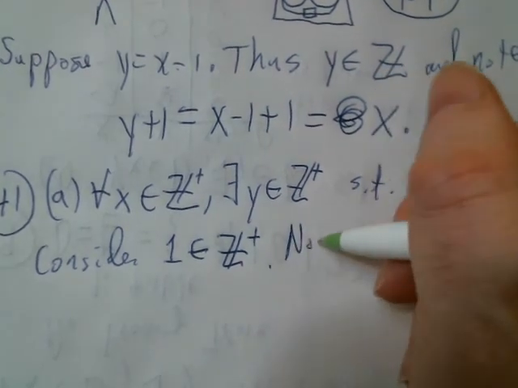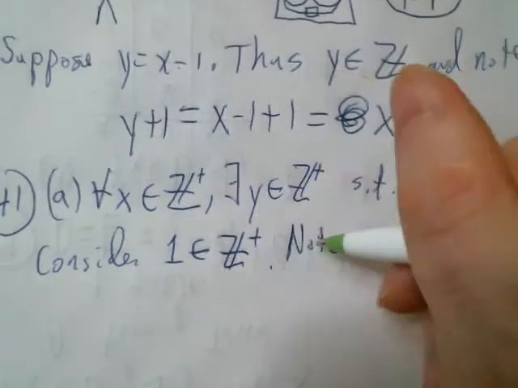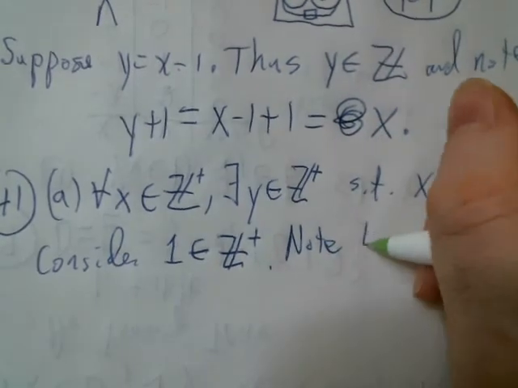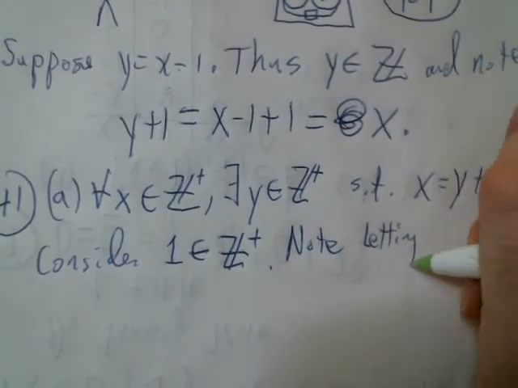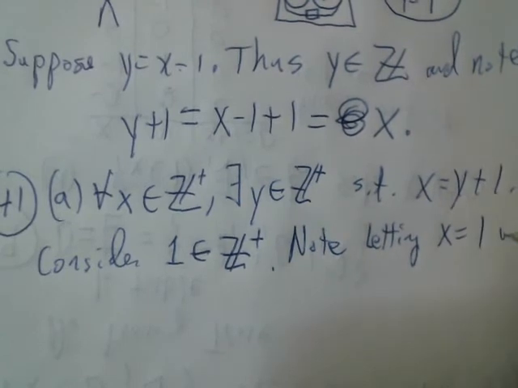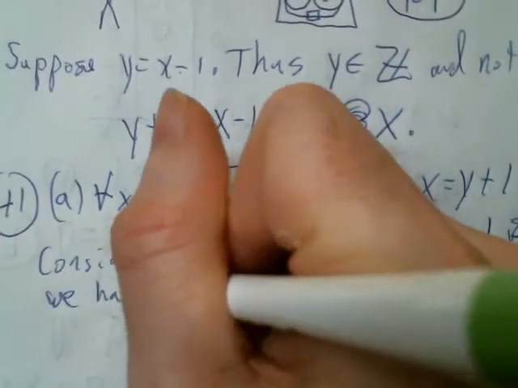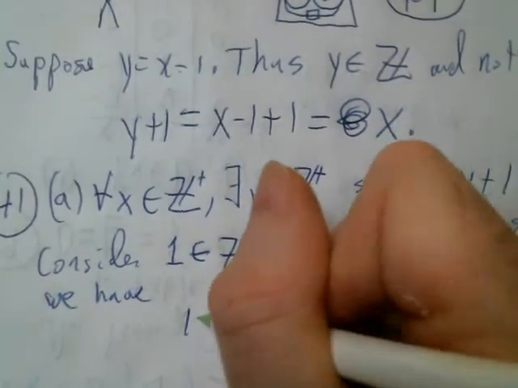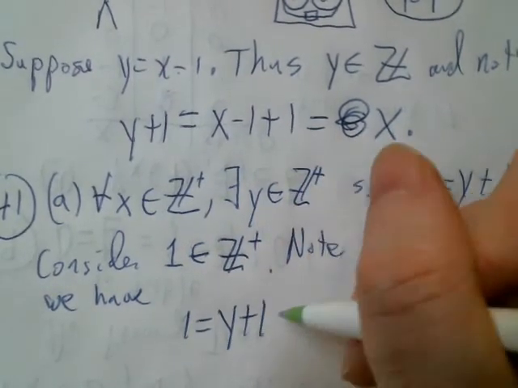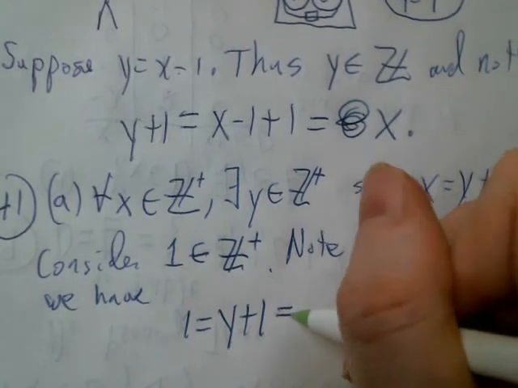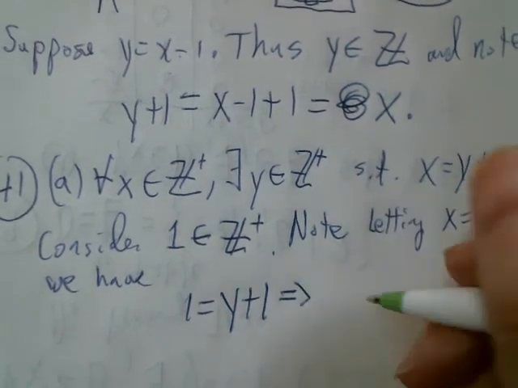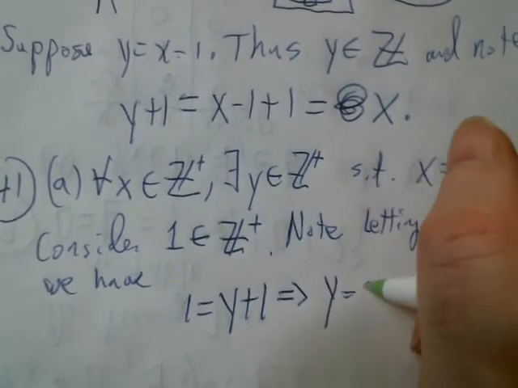Okay, so note letting x equal 1, we have 1 equals y plus 1, which implies that y is equal to 0.